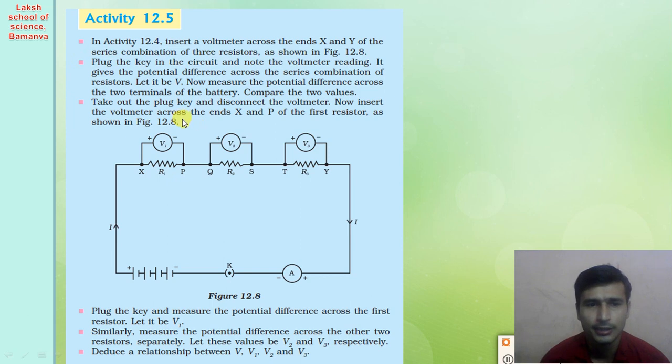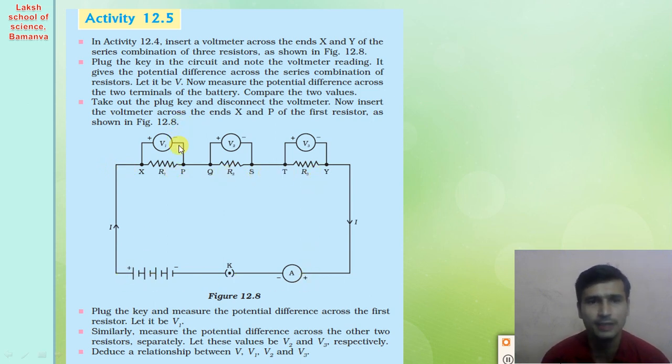We connect the voltmeter across R1, across R2, and across R3, to measure the potential difference across each resistor, and plug the key when the current passing through each resistor is the same.